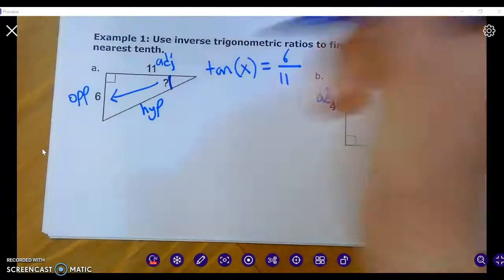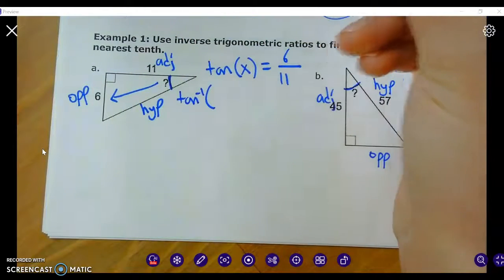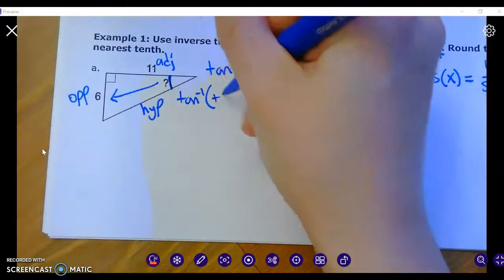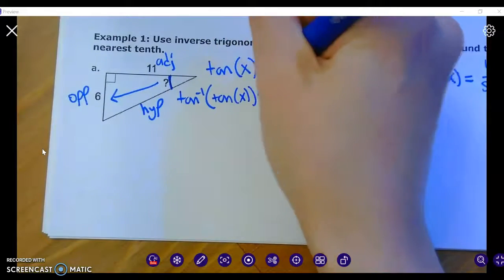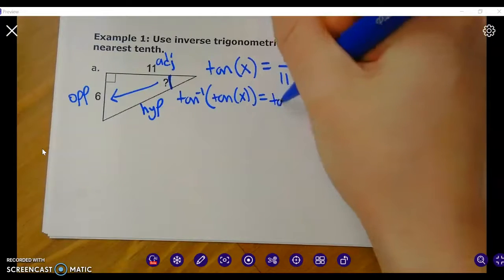So we're going to take the inverse tan of what was already there, and then you also need to take the inverse tan of the fraction.